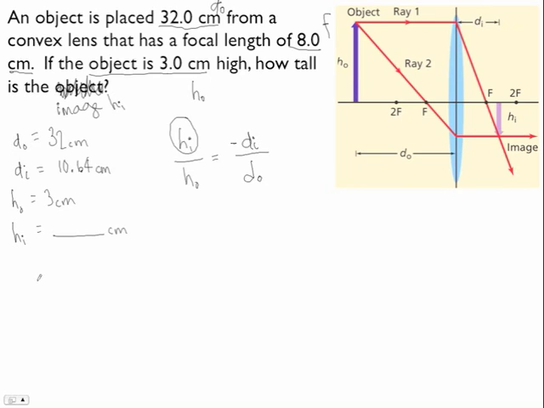So let's go ahead and fill in our numbers. So we have HI over 3 centimeters equals negative 10.64 centimeters divided by 32 centimeters.